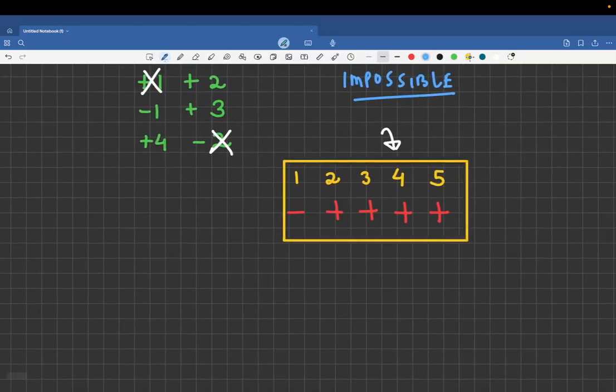Before moving ahead with the solution to the problem, I want you guys to already know the meaning of SCC, that is strongly connected components.